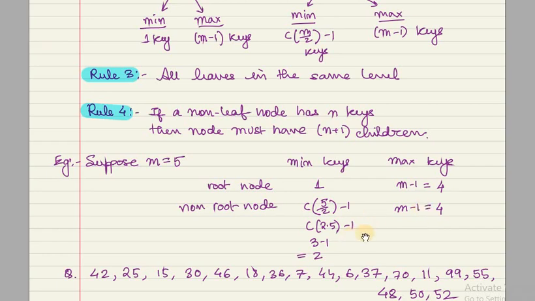So you just put the values of m, and you find the outputs to be 1, 4, then 2 and 4. That means if your B tree has the order 5, then your root node can have a minimum of 1 to a maximum of 4 keys, and non-root nodes can have a minimum of 2 and a maximum of 4 keys. So we have to remember that if the order is 5.